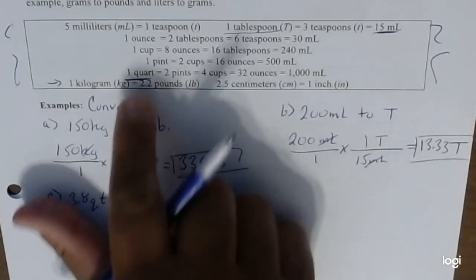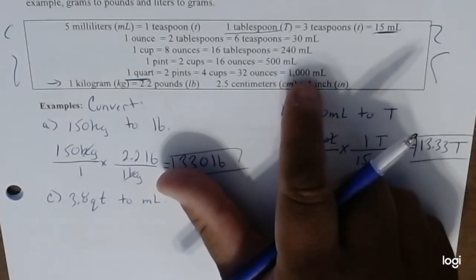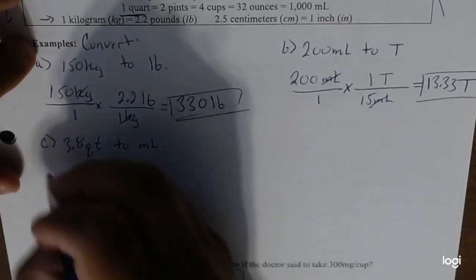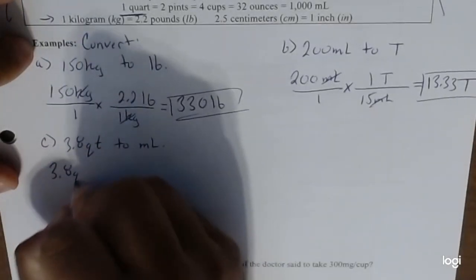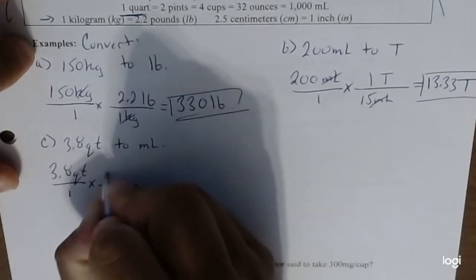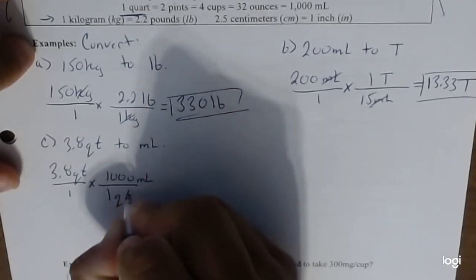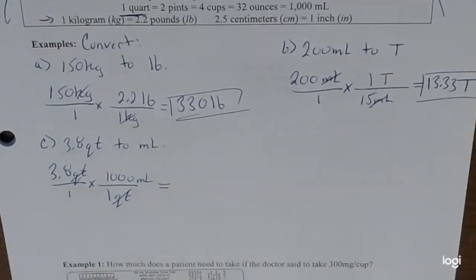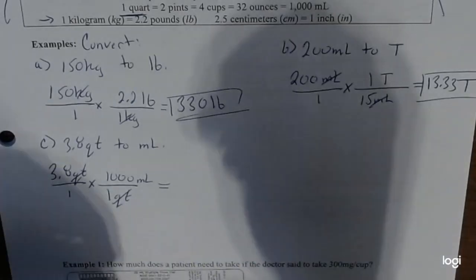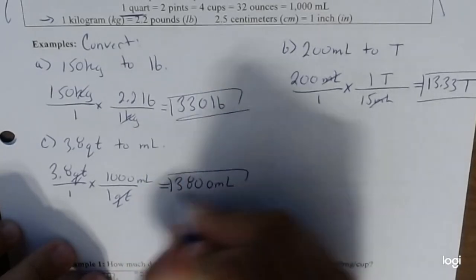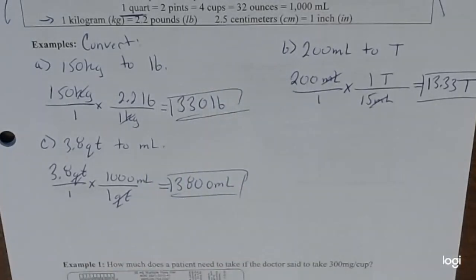So 1 quart also equals 1,000 milliliters. Using 3.3 quarts times, for every 1 quart there are 1,000 milliliters, that gives you 3,300 milliliters. And there you go.